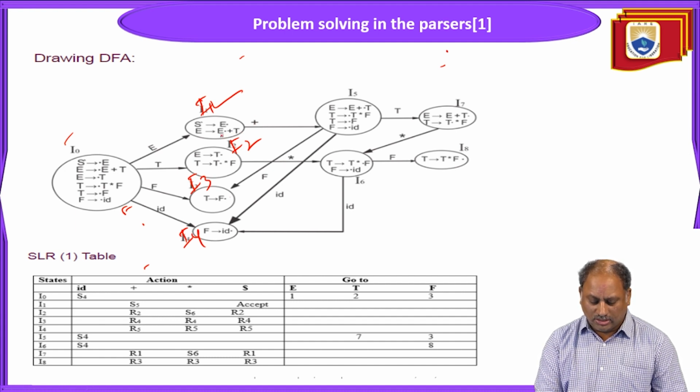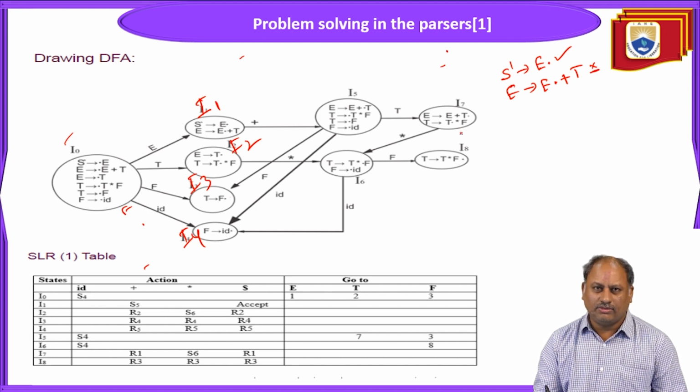So take I1. In I1 there are two productions: one is S' derives E dot, which has reached the end, and another is E derives E dot plus T. This one is processed, but that one is not, meaning the end of the production is not reached. So we have to process it with the symbol and the corresponding state. Here the state is I1.